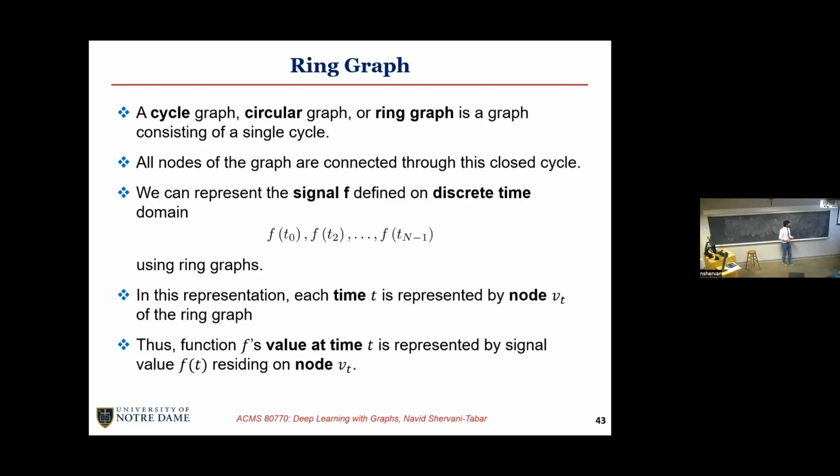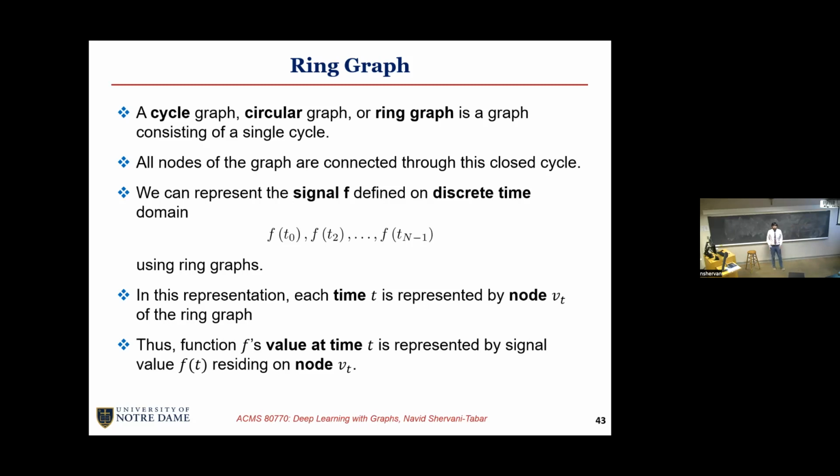Now, if I want to represent this on a ring graph, I associate each point in time to one of the nodes in my ring graph. So for time t0, I'm going to have node v0. For time t2, I'm going to have node v2, and so on and so forth.